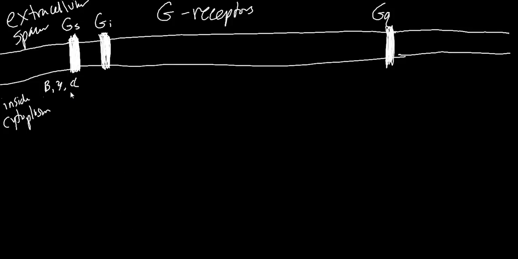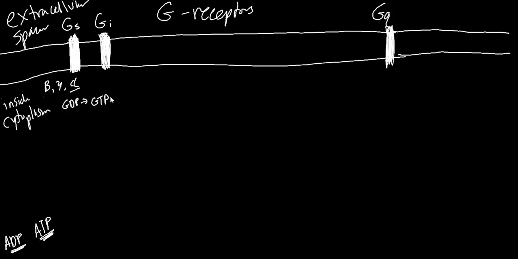Well, what's going to happen is the alpha is going to be in the form of a GDP. Kind of like ADP. Remember in ADP? ADP is the diphosphate, meaning there's only 2 phosphate bonds, versus ATP. ATP is going to have 3 high phosphate bonds. So we're going to convert this alpha unit, which is going to be GDP, into alpha GTP.